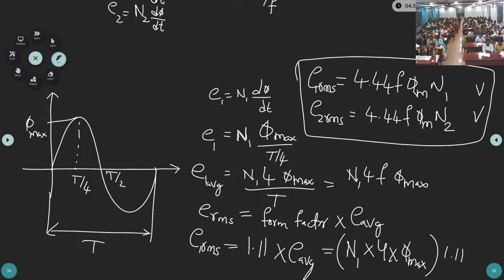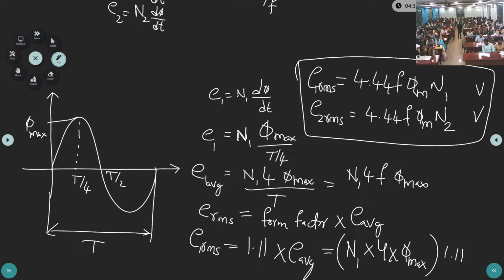This is the formula. So the EMF equation of the transformer is 4.44 F φ max into N. If it is a primary voltage, we will have N1.